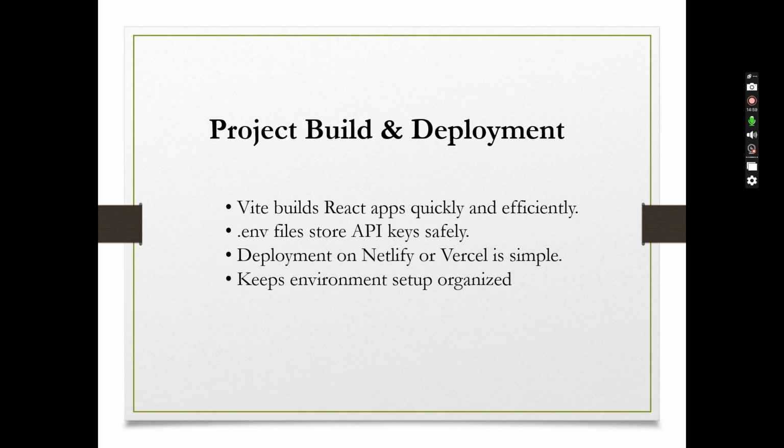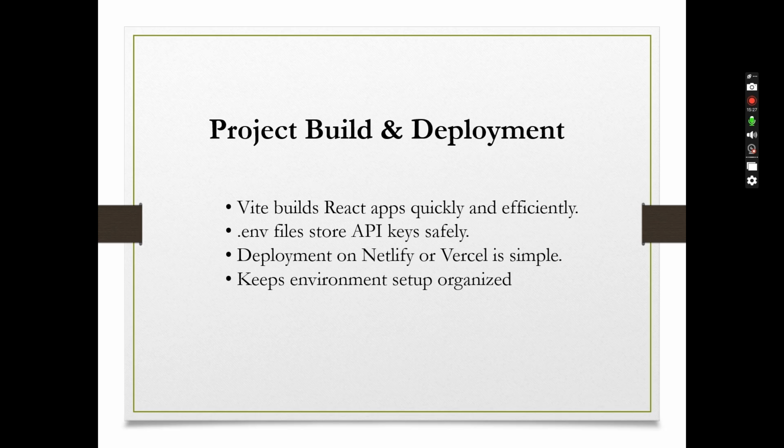For the project build, we have used Vite for building the project. Vite makes the build process faster and easier compared to older tools. Also, environment variables stored in a .env file are used to keep sensitive information, maybe like a private key or public key.